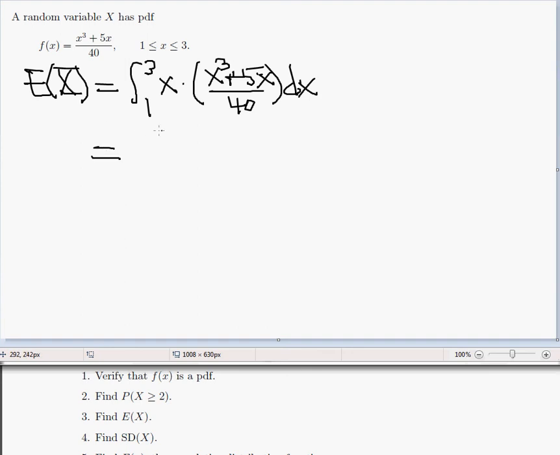So that's equal to the integral from 1 to 3 of 1/40 times x to the fourth plus 5x squared dx.